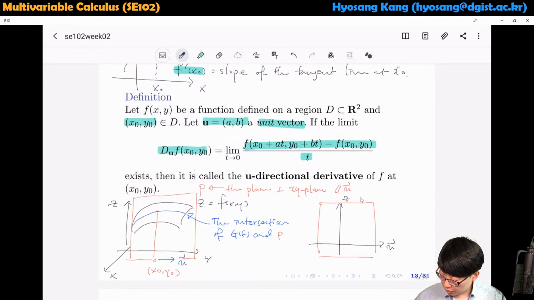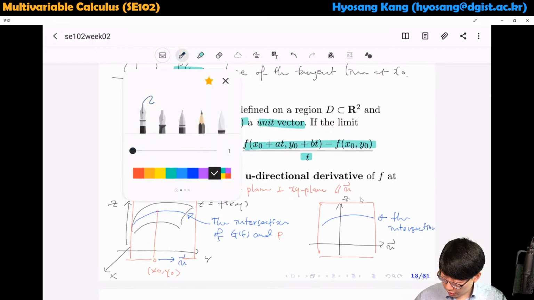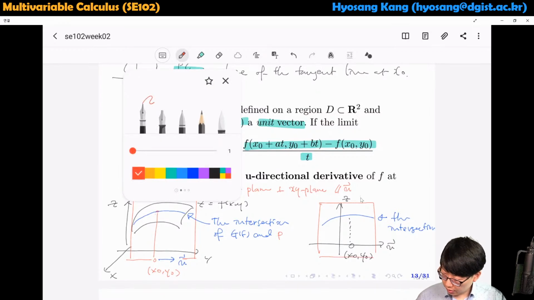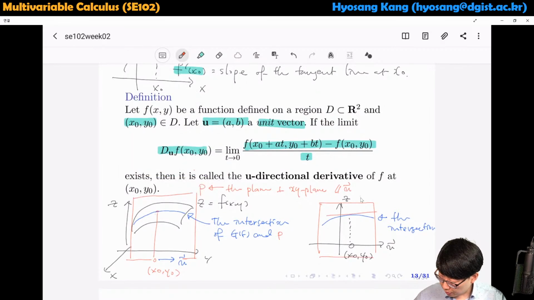There is a section, the intersection, and somewhere here we have x0, y0. What we are looking at is the slope of a tangent line at this point on this section, which is the u directional derivative.